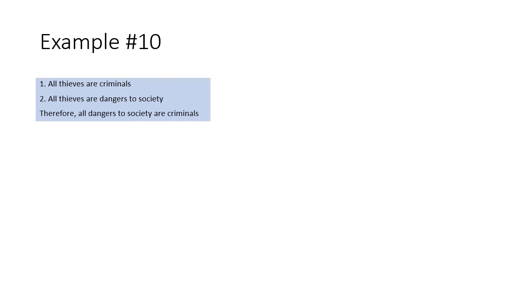All right, the last example here from exercise 7.6 and 7.7 is another situation where everything is a universal affirmative, but this arrangement of universal affirmatives is actually not valid. So the subject of our conclusion here is dangers to society. The predicate of the conclusion is criminals.